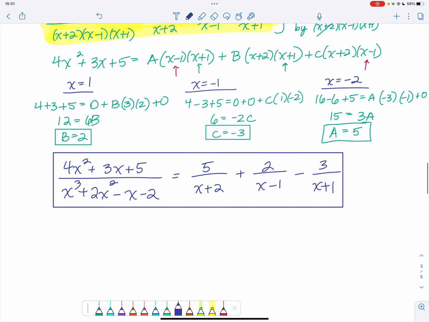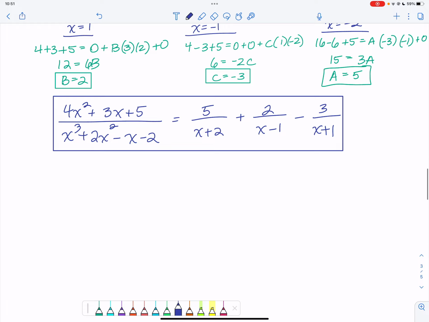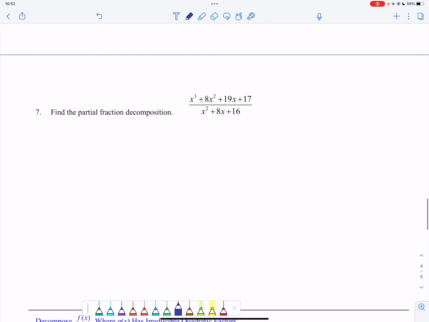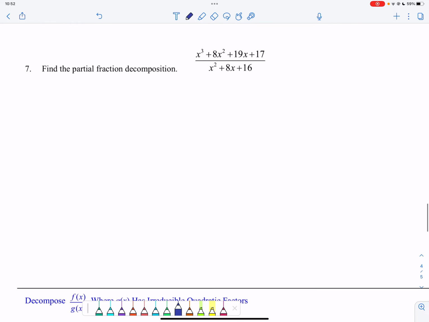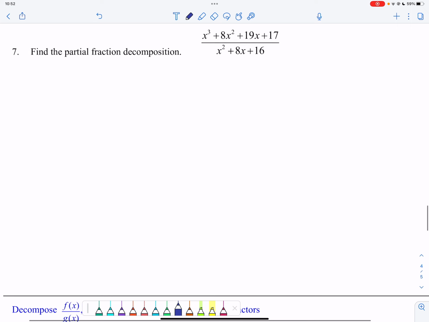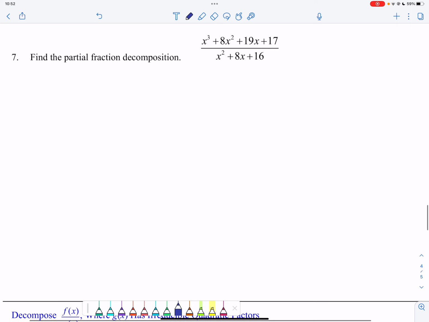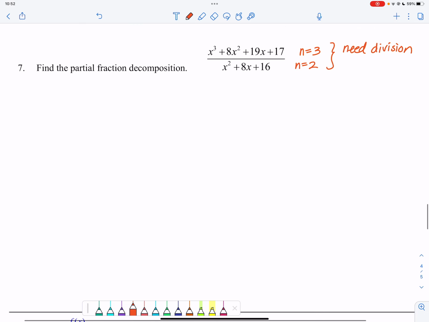Okay, let's see what happens when the numerator has a greater degree than the denominator. We will need to divide because this is degree 3, this is degree 2. We need division. So if I'm going to divide, we'll just do it right here.